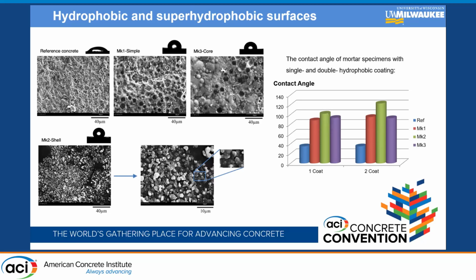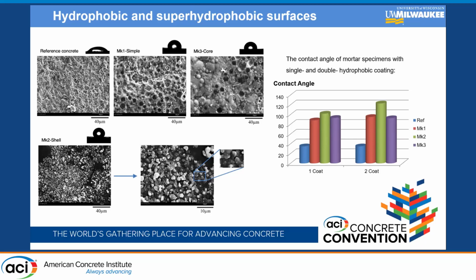The contact angle is less than 30, and the droplet is wetting the surface. The difference between MK1, MK2, and MK3 is that for MK1, we don't have any nanoparticles embedded into the hydrophobic emulsion. In this situation, we were able to change the surface properties from hydrophilic to hydrophobic. So it's good. We want to have it hydrophobic.